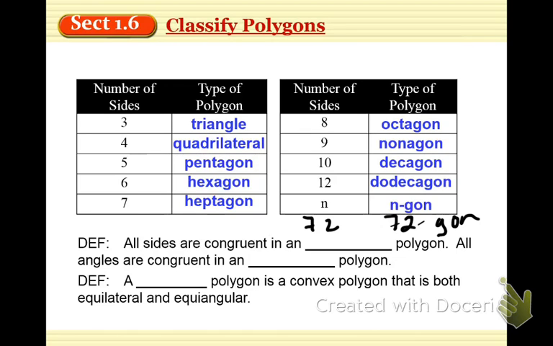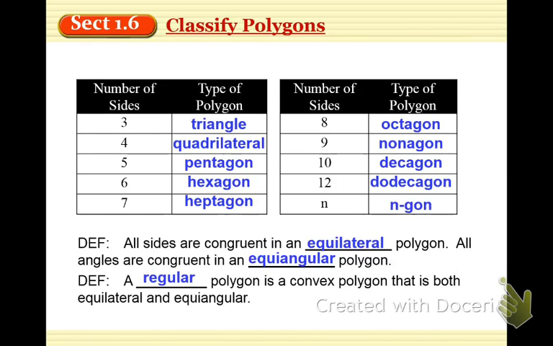Okay? Now, some more definitions for you. All sides are congruent in an equilateral polygon. All angles are congruent in an equiangular polygon. And then if it's both equilateral and equiangular, then we call it regular.